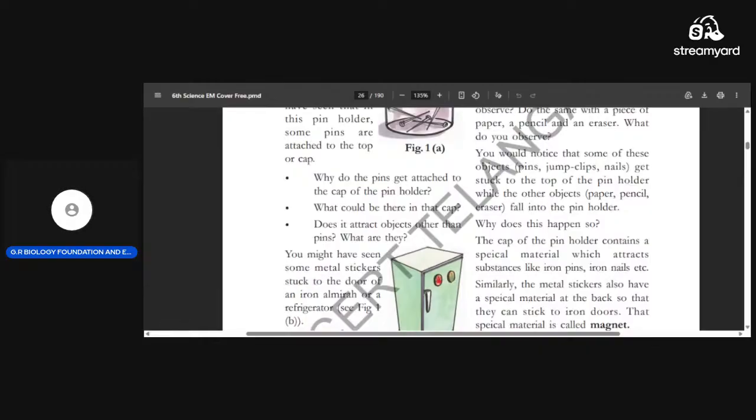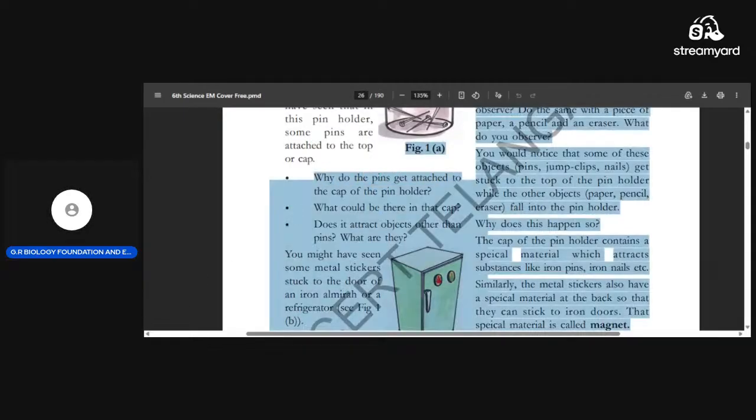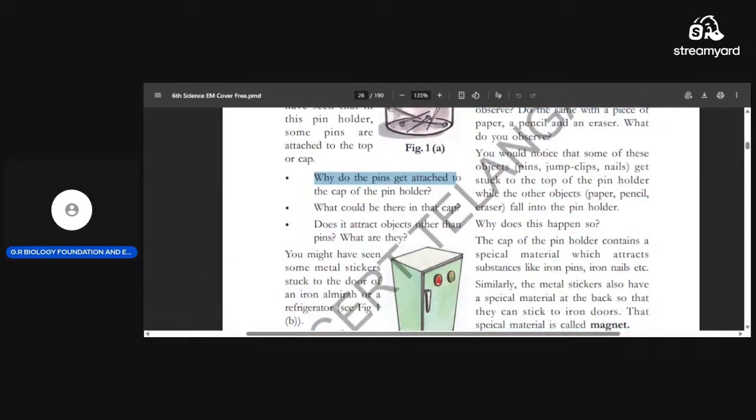Similarly, the stickers also have a special material at the back so that they can stick to iron doors. That special material is a magnet. Already here we wrote that answer.